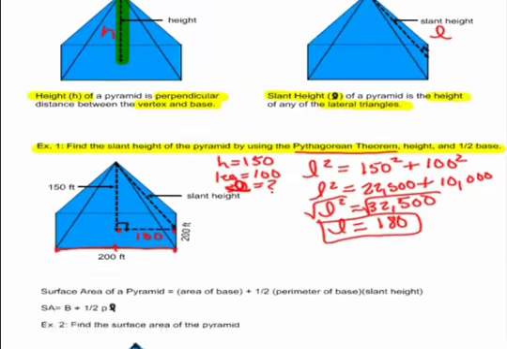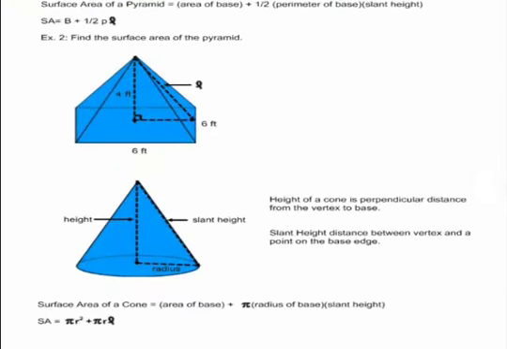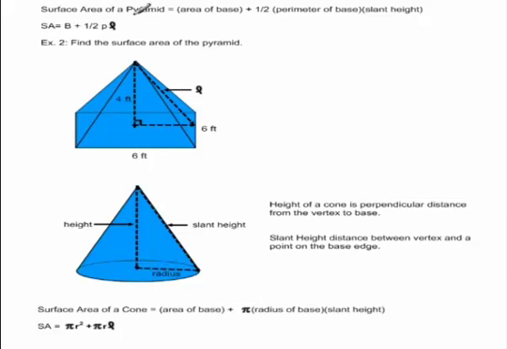Speaking of the formula, now let's talk about the formula. The surface area of a pyramid is equal to the area of the base, and we talked about the bases. It could be a triangle, a rectangle, a pentagon or a hexagon, plus 1/2 times the perimeter of the base times the slant height. So here's a shortcut version of the formula.